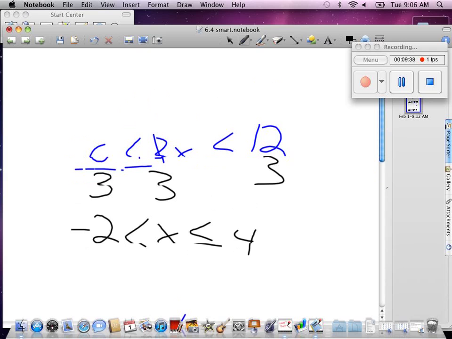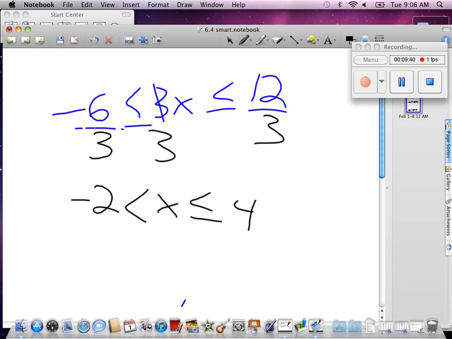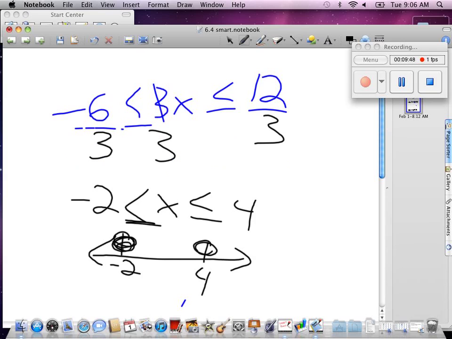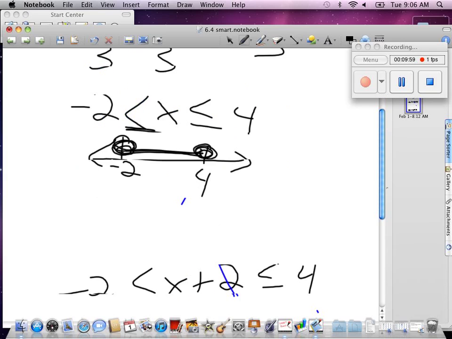Okay? And then we simply graph it. We've got -2, we've got 4, we've got a closed circle over each one, and they point towards each other. Why don't I give you a second and you can try B and C on your own.